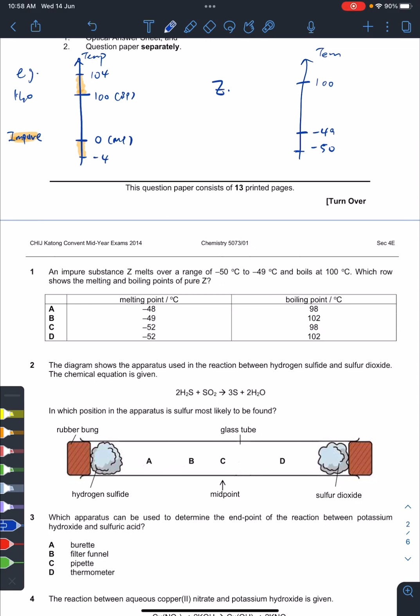So the answer should be A. Because if the answer is -48 and 98, it makes sense, you see. Boiling point is somewhere above, melting point is somewhere below, similar to the example of water, so you can actually compare and contrast. That's why the answer is A.